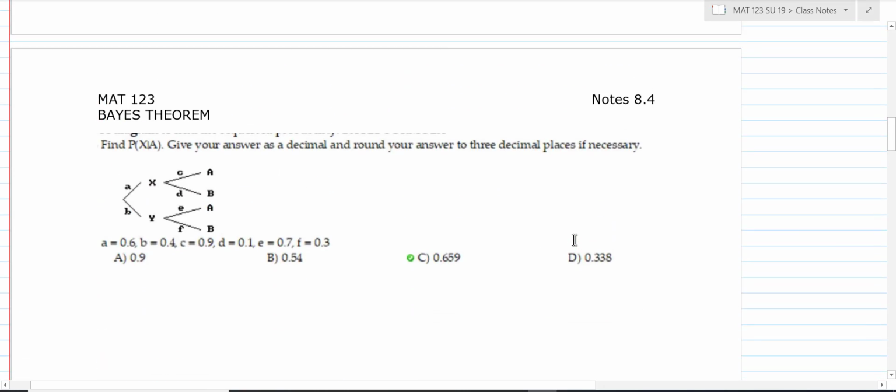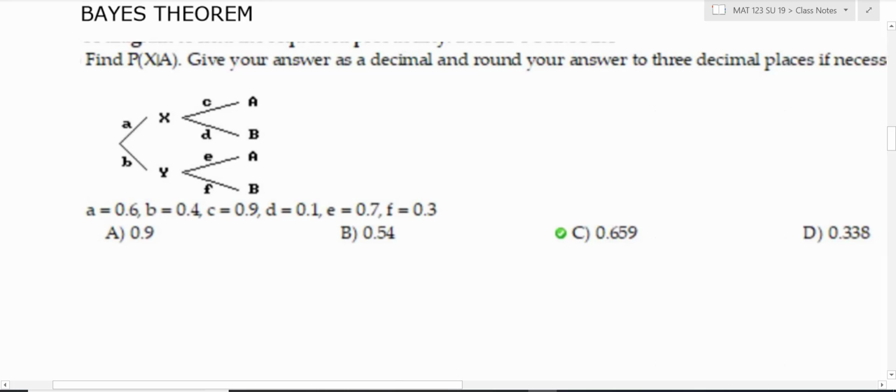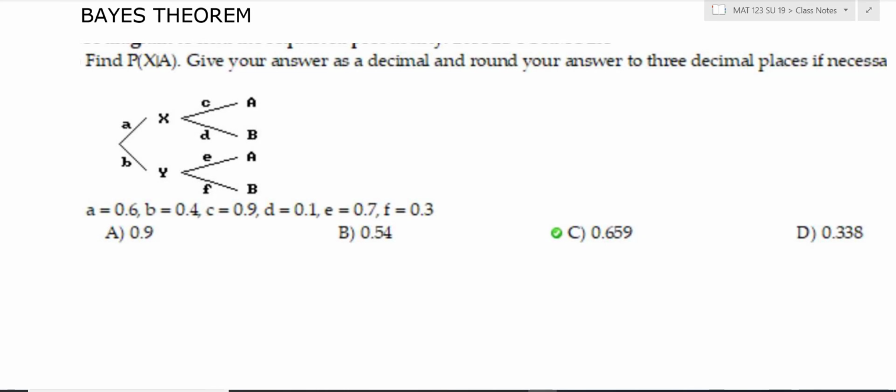Now what I'm going to do on the next page is just learn how to crunch out the probability trees. And this is a probability tree. You're given individual pieces of information on this. Now, the first thing we're going to do, so you can follow along, is just label everything. So A is 0.6, B is 0.4, C is 0.9, D is 0.1, E is 0.7, and F is 0.3.